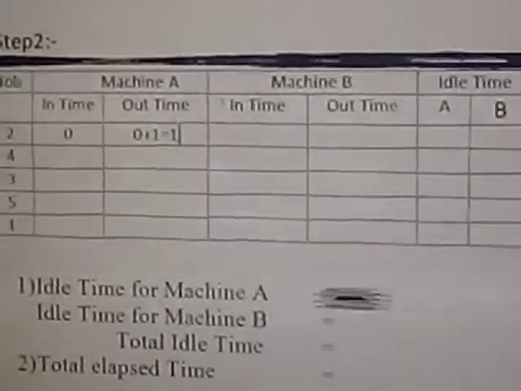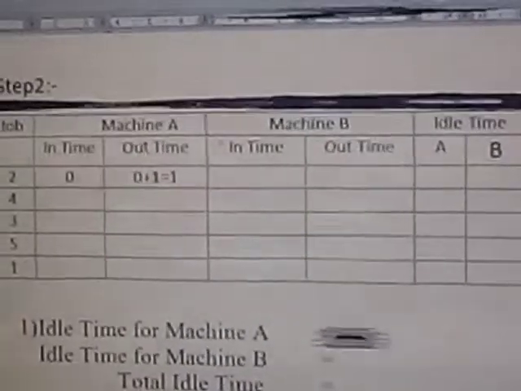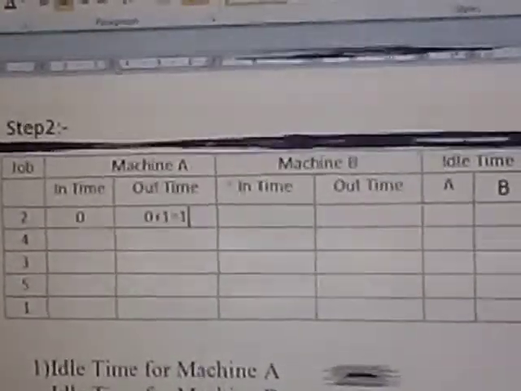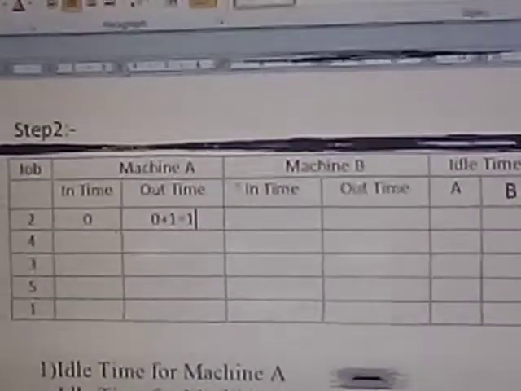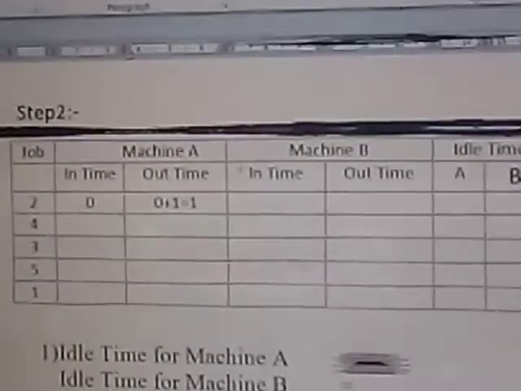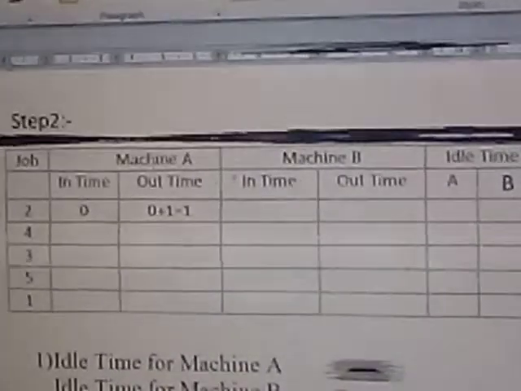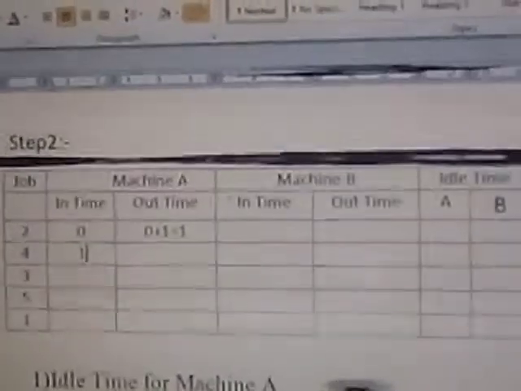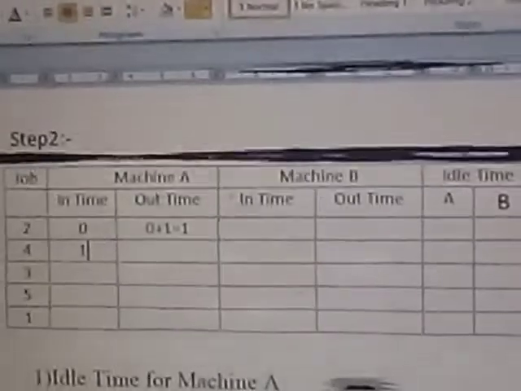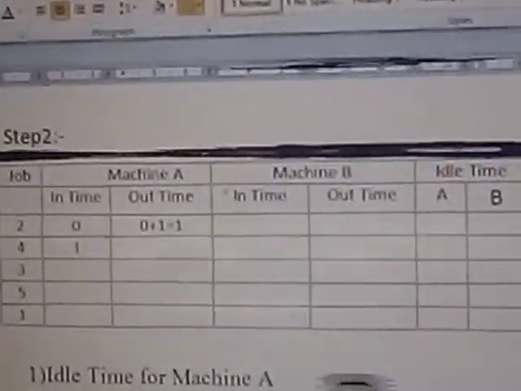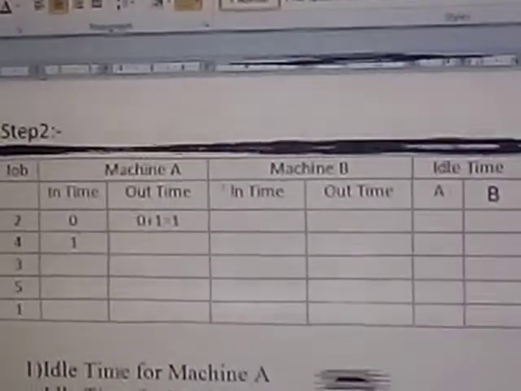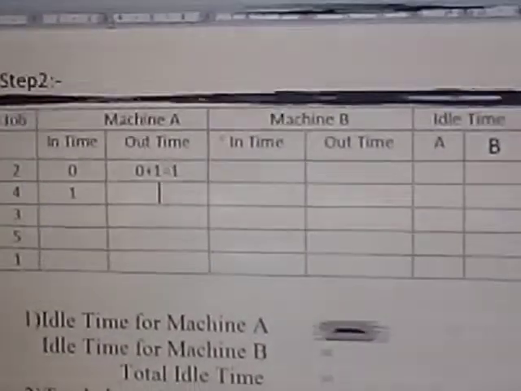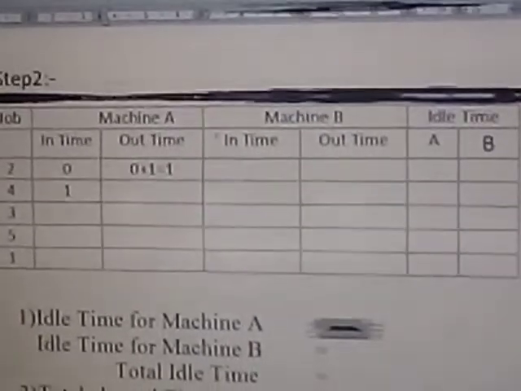Now the out time becomes the in time for the next job, so write 1 as the in time. The next job is 4, which takes 3 hours, so the out time is 1 plus 3 equal to 4.